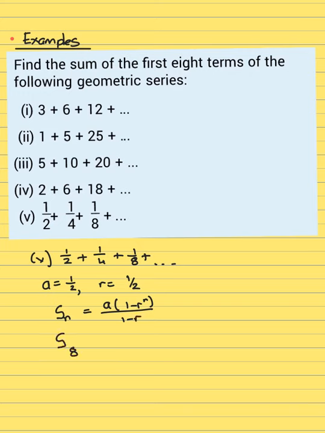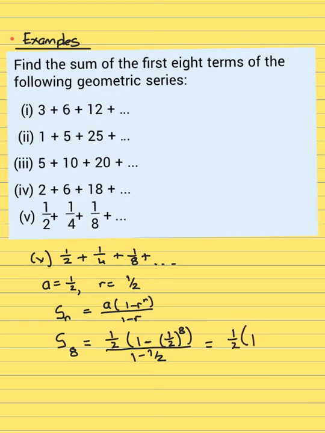So that gives us S8 is a, which is a half, times 1 minus r, which is a half, to the power of 8, because it's 8 terms, all over 1 minus r, which is a half. And we just work that out.